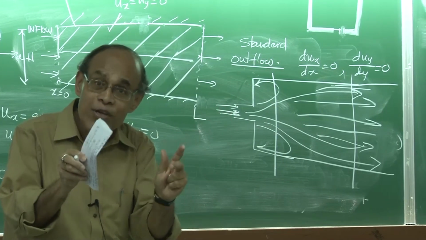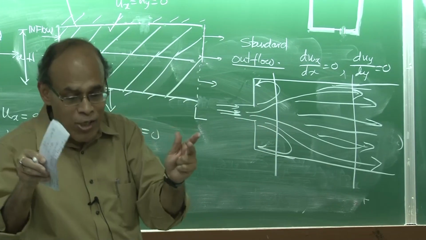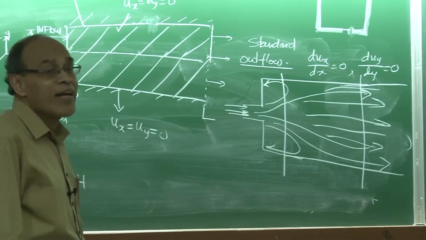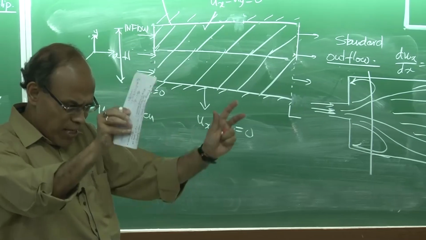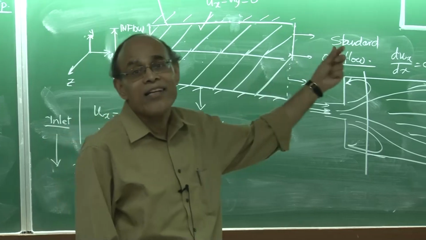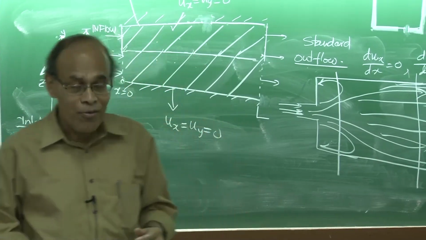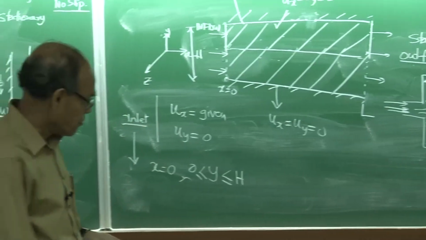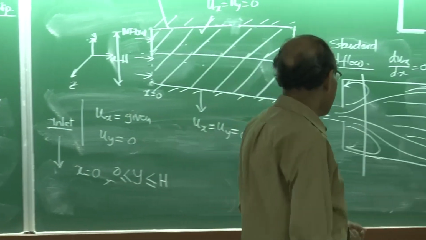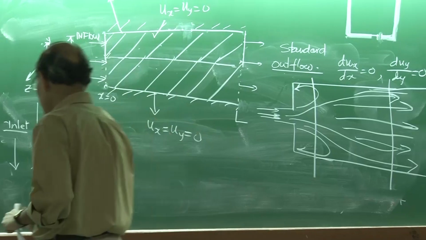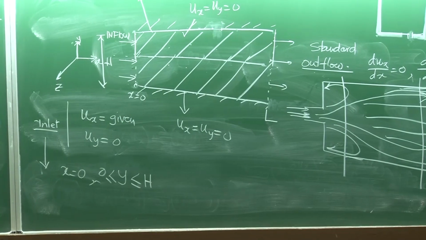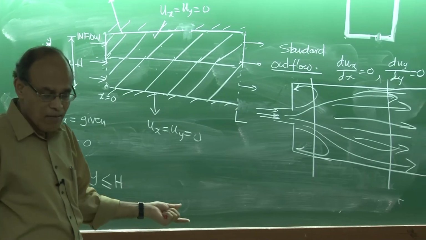Draw the system geometry, show the span of the domain along x, y and z directions, show the coordinate axes, label everything, and then write all these things very systematically. That will show that your understanding of the problem is very, very clear.